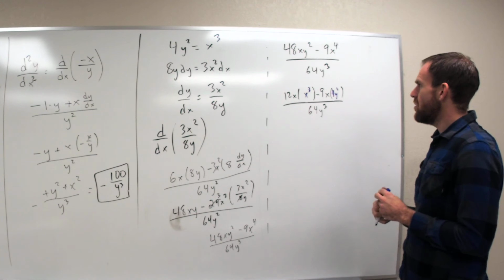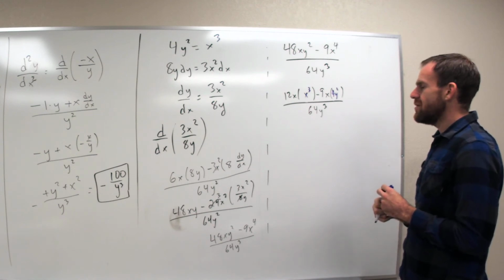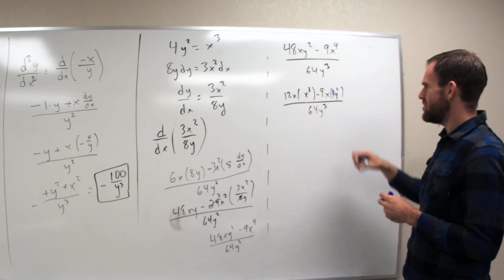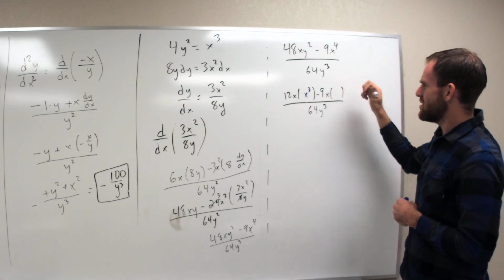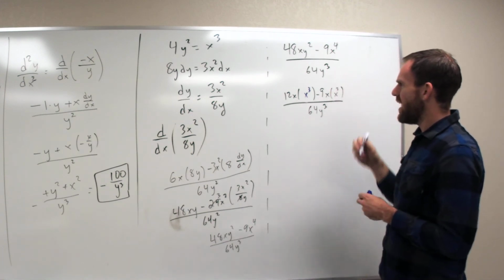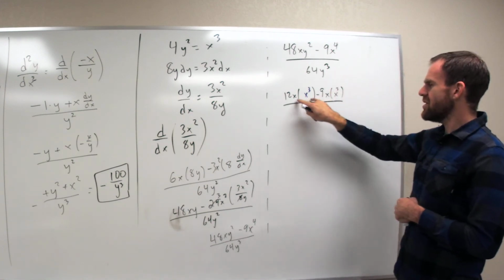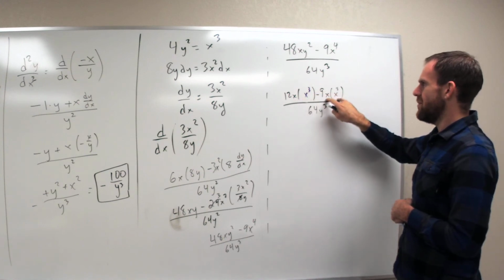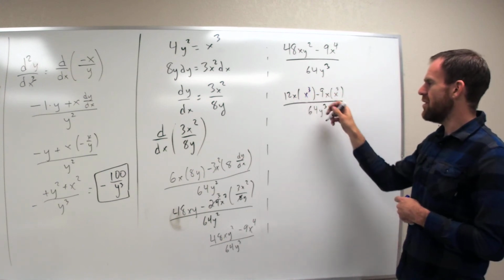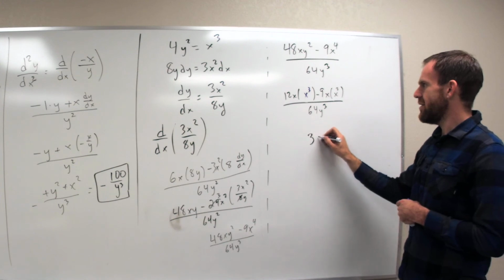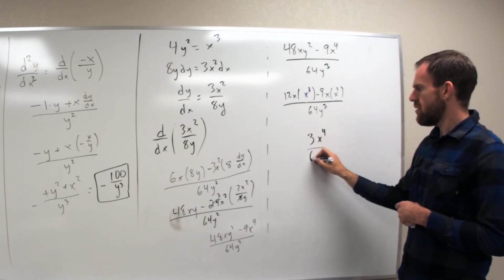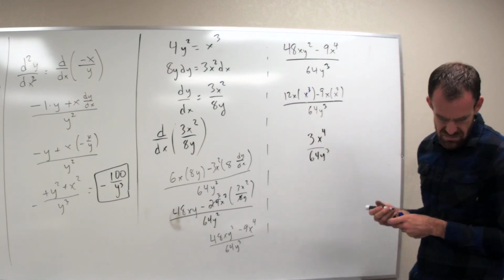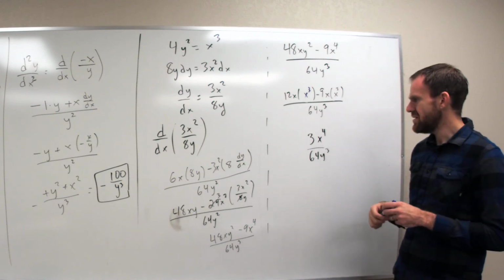Okay, so I think I did too many substitutions. So let's leave this one as x cubed. So I have a whole lot of x up here, right? It looks like I have x to the 4th minus x to the 4th, right? So 12 minus 9 is 3. And that looks pretty simple.